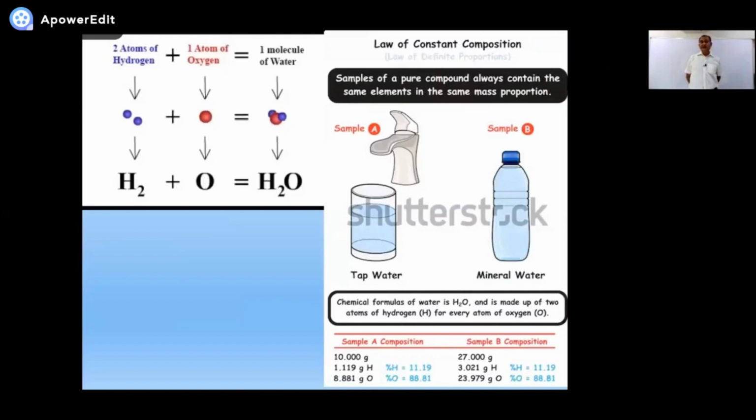First, both of these waters are made up of the same kind of elements, hydrogen and oxygen. Either tap water or mineral water: hydrogen, oxygen, 2 atoms of hydrogen, 1 atom of oxygen. Right?